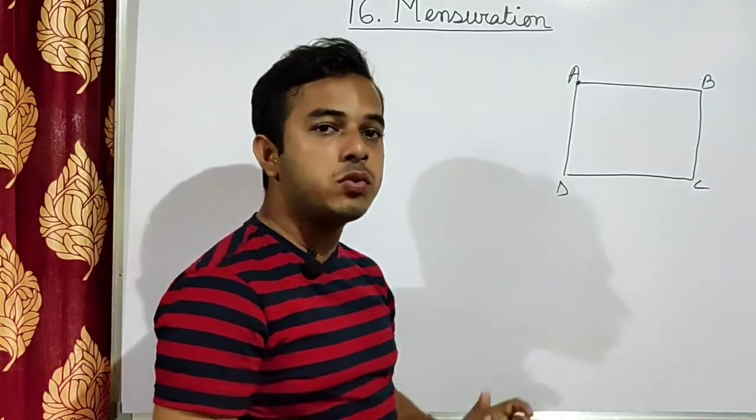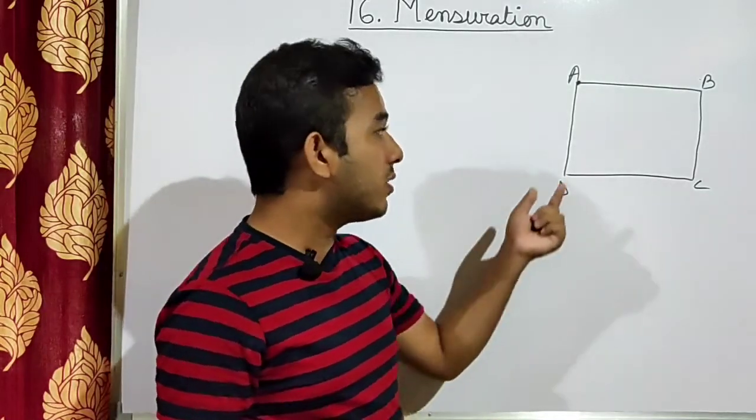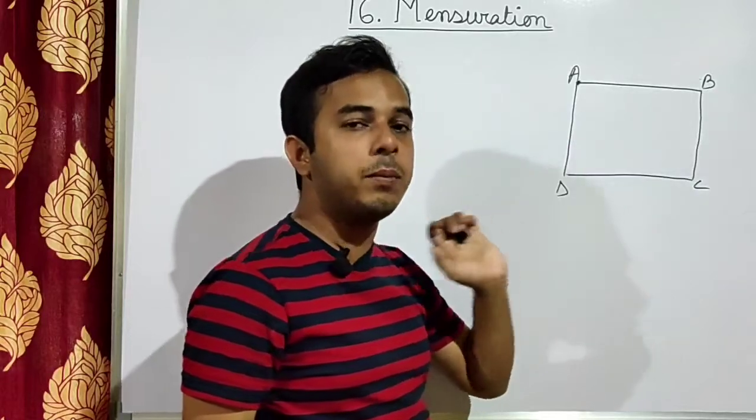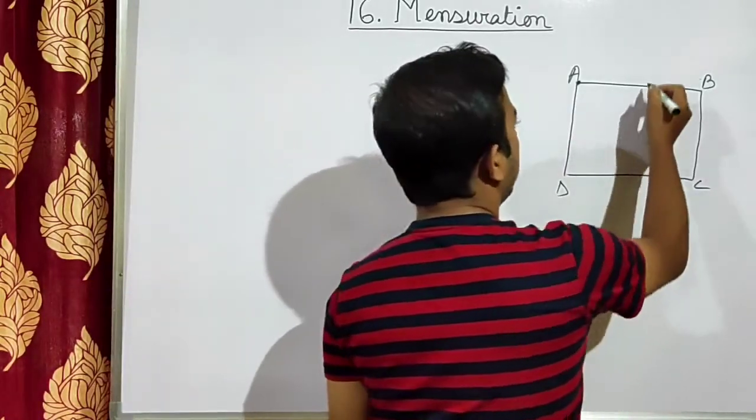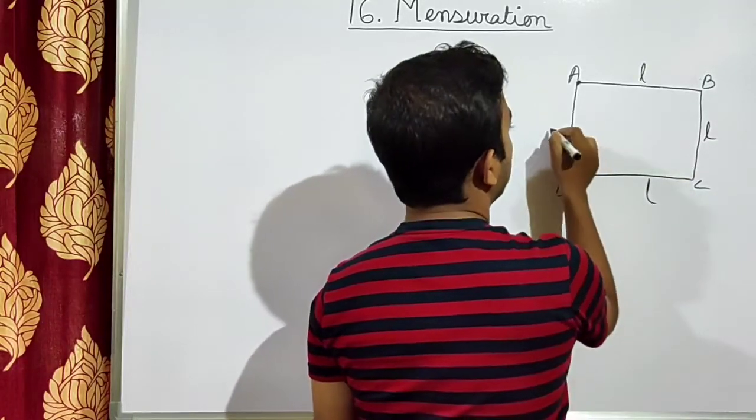Now let us consider, square means what? All its sides are the same. So let us consider the length of AB is, for example, L. So if it is L, this will also be L, isn't it?